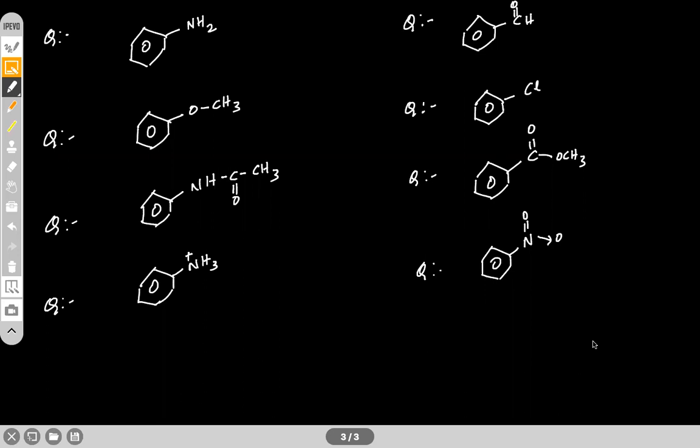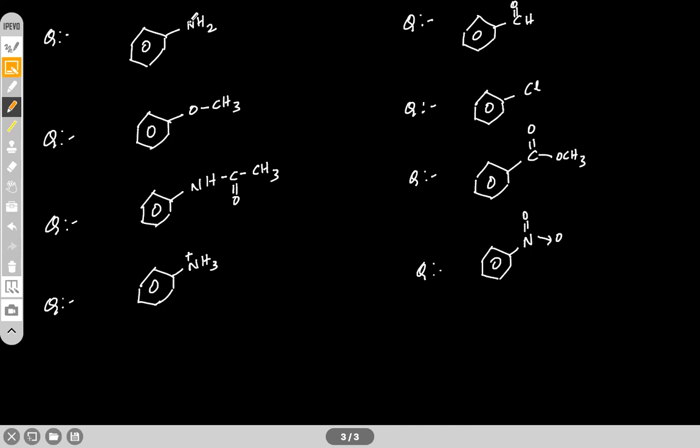Okay. Now you see, here we have nitrogen and here we have carbon. Do we have an electronegativity difference between carbon and nitrogen? Yes. Which one is more electronegative?